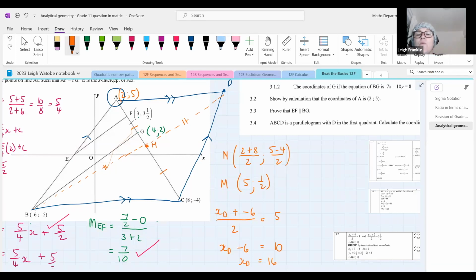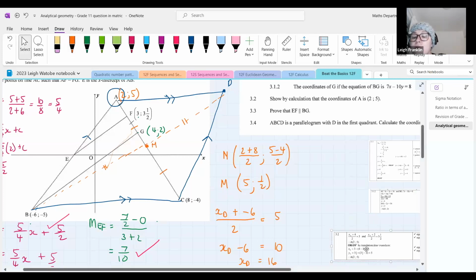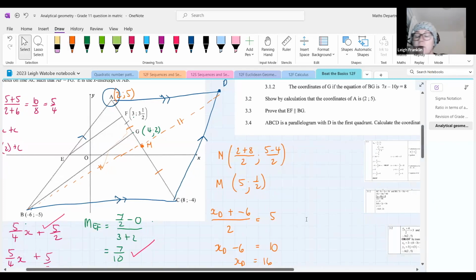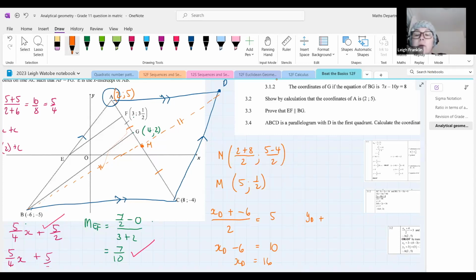Same story with the y's. Okay, let's just move this over. Okay, so the y at D plus -5 over 2 would be equal to the y at the midpoint M, which is 1 over 2.